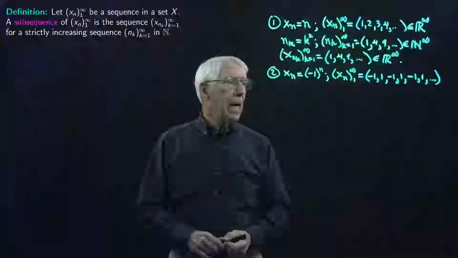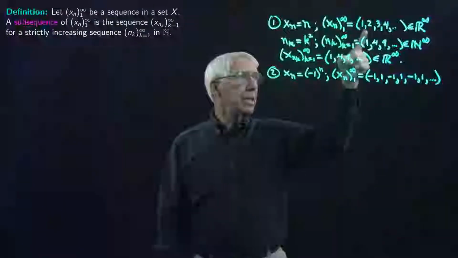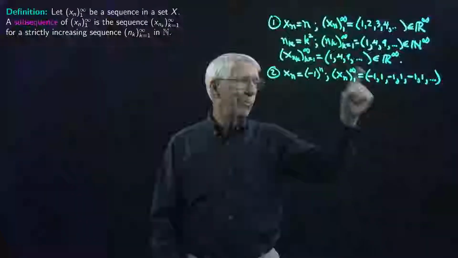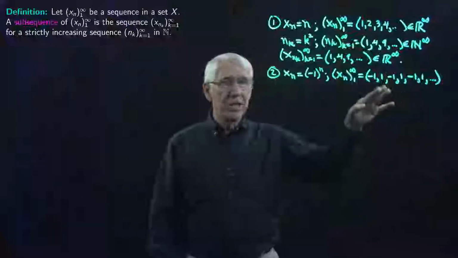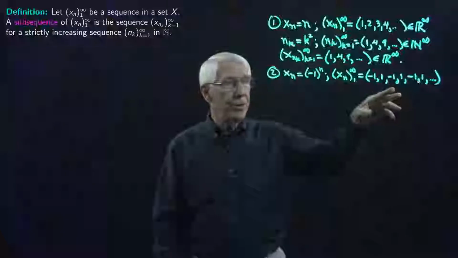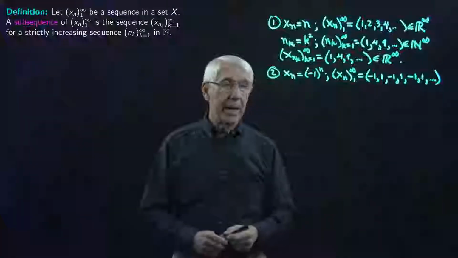Unlike the previous sequence, the terms of this sequence aren't all natural numbers. They are integers, but the negative ones aren't natural numbers.